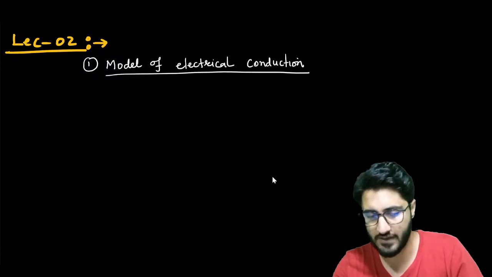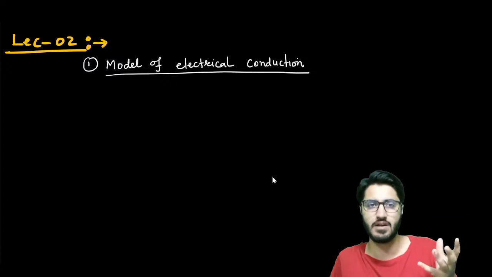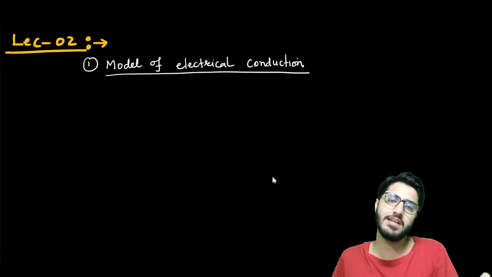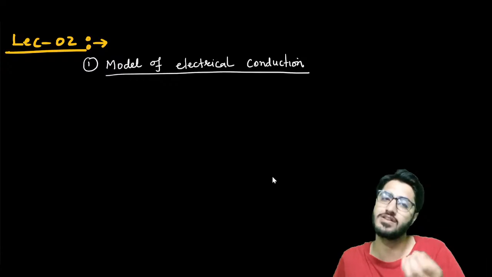The very first thing that we will discuss: let us suppose we have a conductor and we have not applied any external electric field, that is, the battery or the cell.